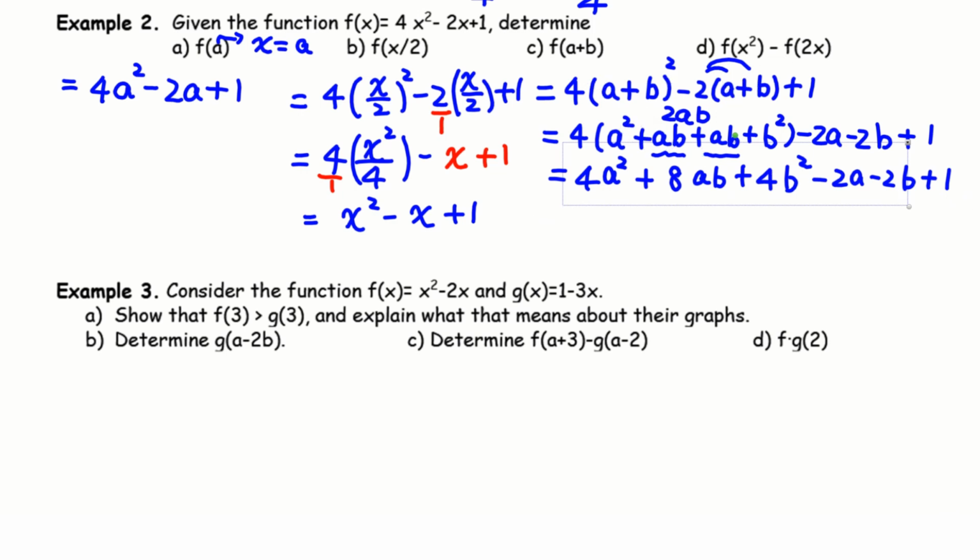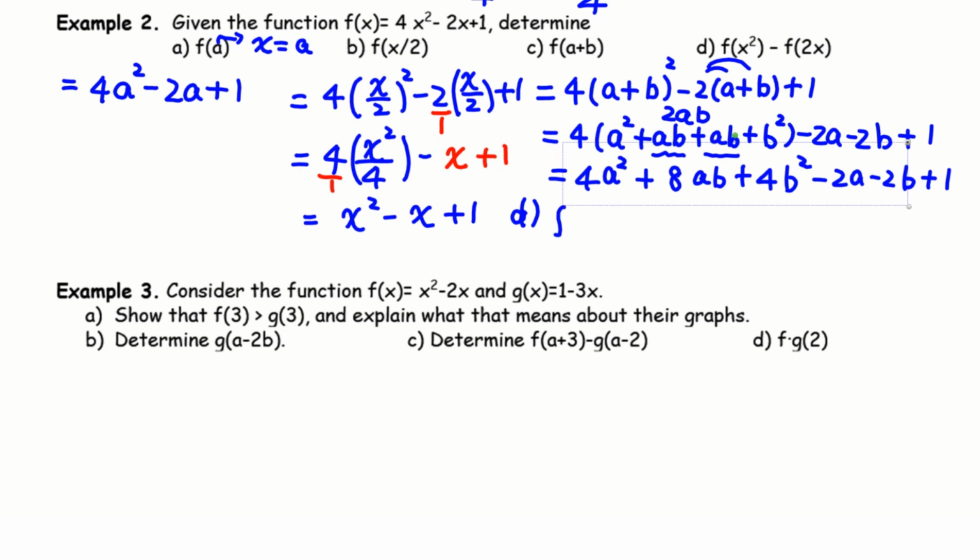For question D, you have 2 terms, f at x squared minus f at 2x. So this one we sub in x squared for x.